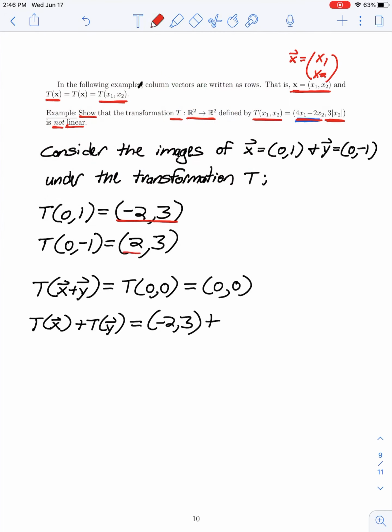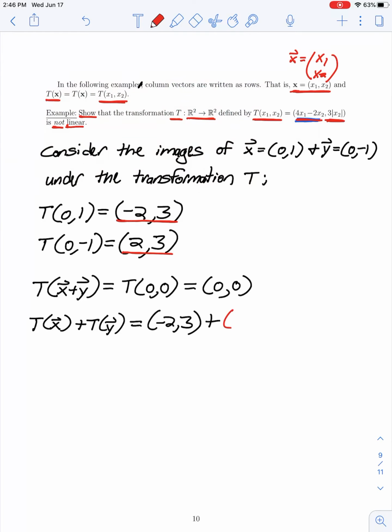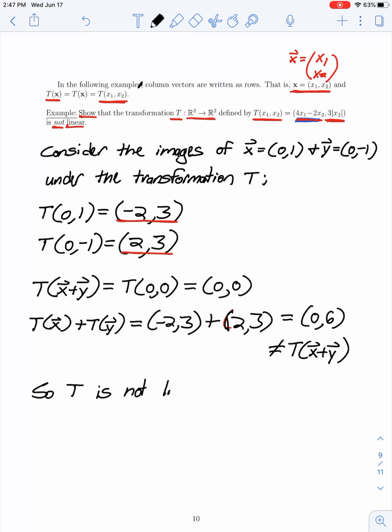And then adding the second vector, T of y, which was 2, 3, we get back the vector 0, 6, which is not the same as what we had for the transform of x plus y. So since this linearity condition did not hold, the transform T is not linear.